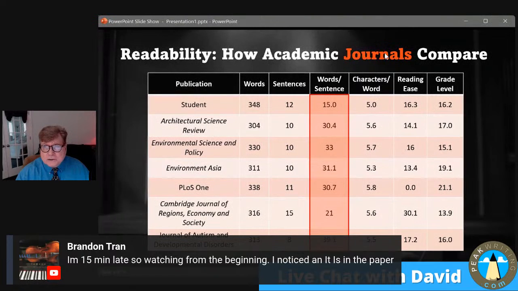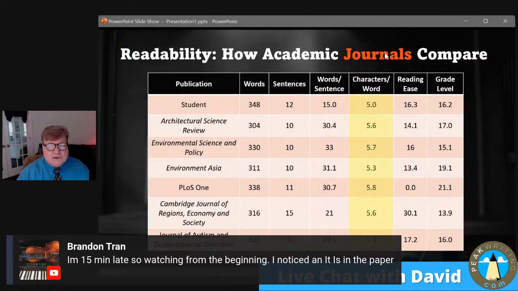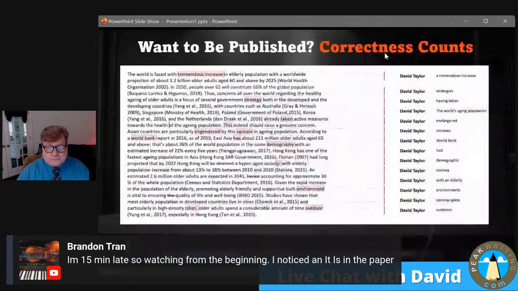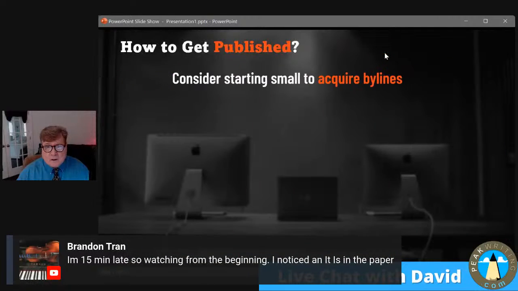So we are going to get to journal writing and sentence combining in just a moment. Some other ideas: before you go for that big journal in the sky article, it's important that you start out small to get your bylines. So you can write letters to an editor.